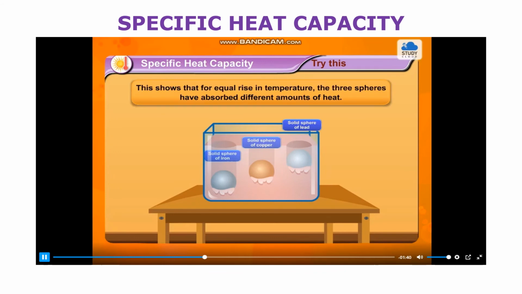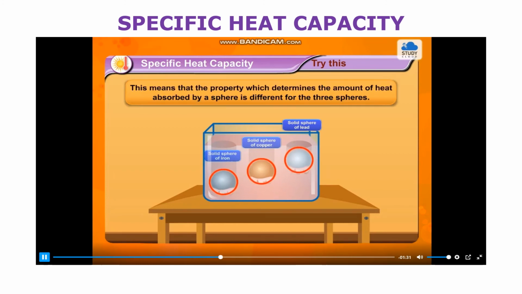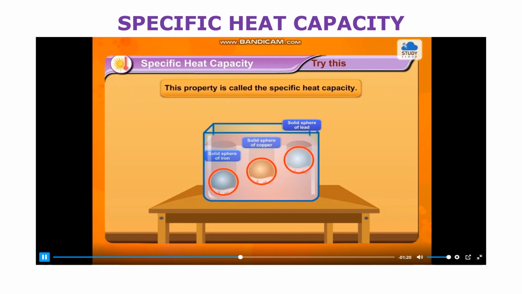This shows that for equal rise in temperature, the three spheres have absorbed different amounts of heat. This means that the property which determines the amount of heat absorbed by a sphere is different for the three spheres. This property is called the specific heat capacity.